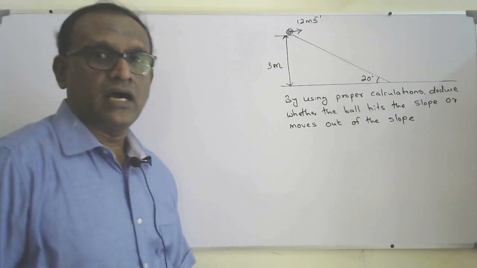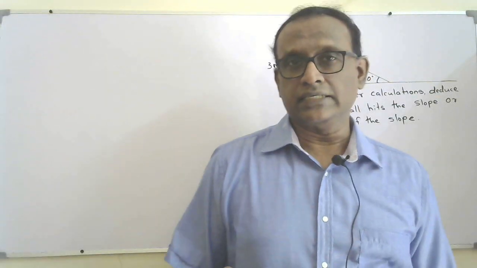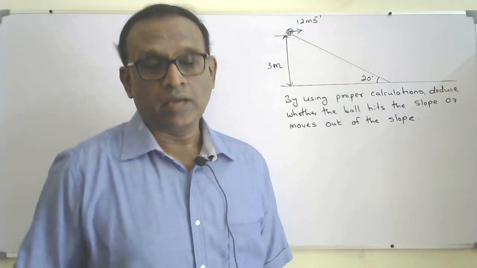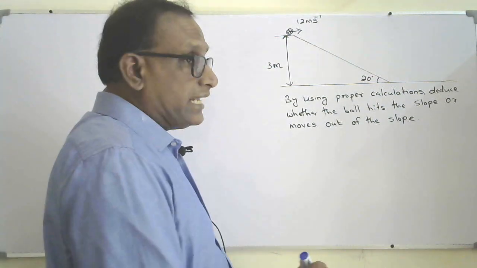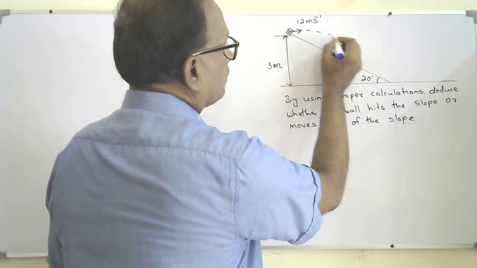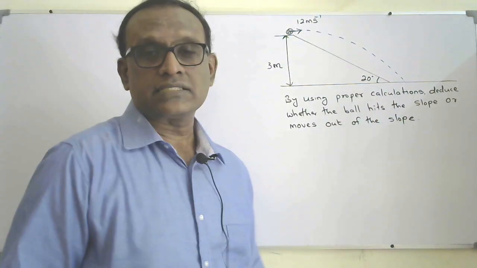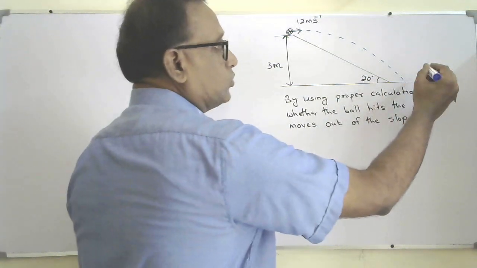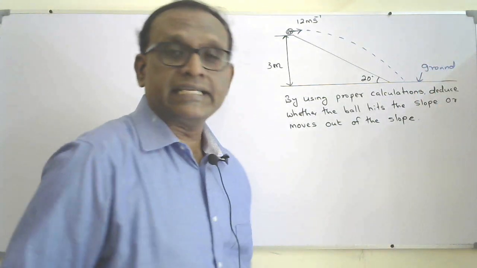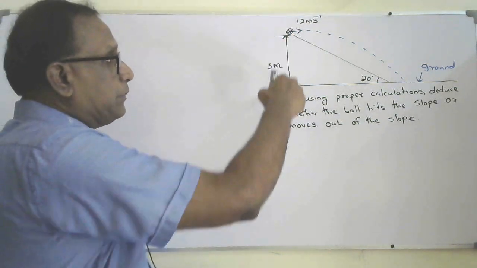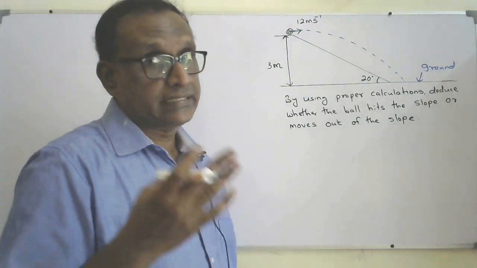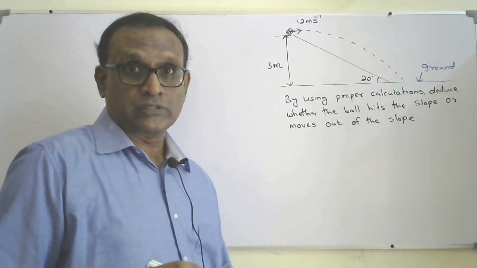Okay, this question we can answer in two different methods. First method, I don't know whether it's going to hit the slope or not, but I'll take it like this. If it is not hitting the slope, that means it moves out of the slope. When it hits the ground out of the slope, its vertical displacement will be equal to 3 meters downwards. So I will calculate the time taken to complete a vertical displacement of 3 meters.